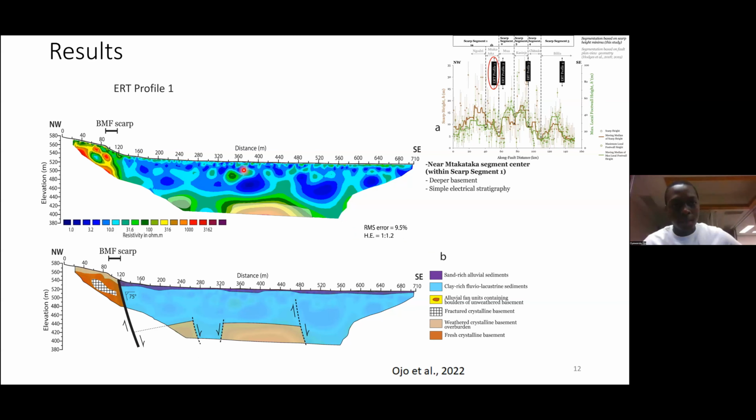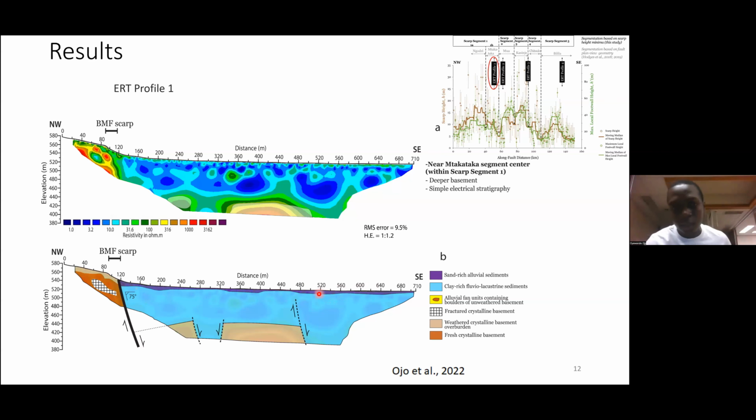Then we looked at the electrical resistivity profiles, and from that we were able to estimate the dip of the fault, which is between 70 and 75 degrees. And we made our interpretations of the electrical stratigraphy based on the geology of the area.